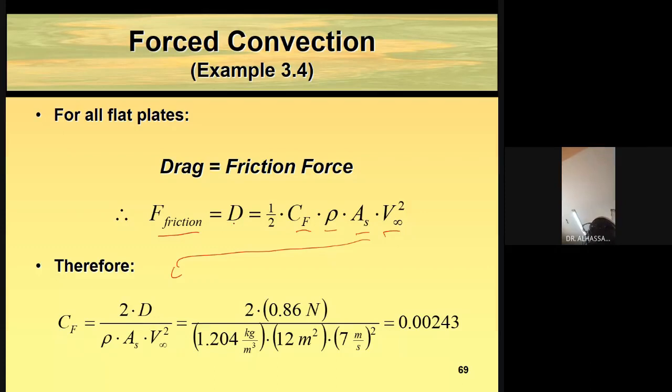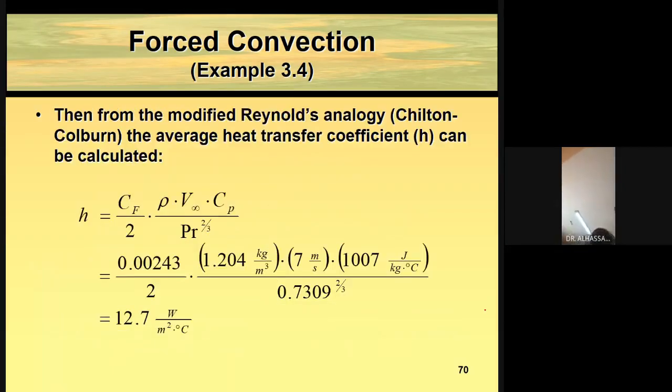D is the drag force, the friction force, which is given already in the question. Divided by all these parameters, eventually you get a skin friction coefficient of this. Now we can use this to determine the heat transfer coefficient, which is also given by this.